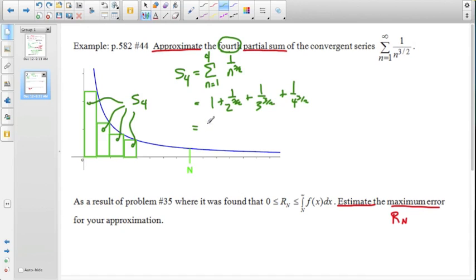So we're looking at this as 1 plus, 2 cubed is 8, so that's 1 over the square root of 8. Plus 3 cubed is 27, 1 over the square root of 27, plus 4 cubed is 64, the square root of 64 is 8, so 1 over 8.